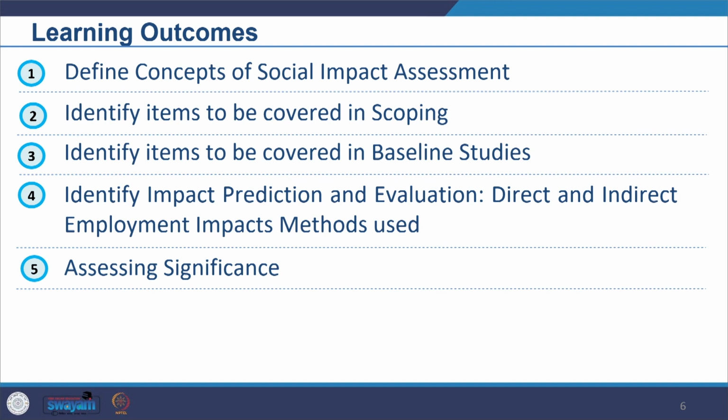Further, you should be able to identify various possible impacts in this domain, and look at various data sources and methods involved in predicting and evaluating impacts, and discuss and identify various steps involved in assessing significance. So that is the learning outcome expected from you.